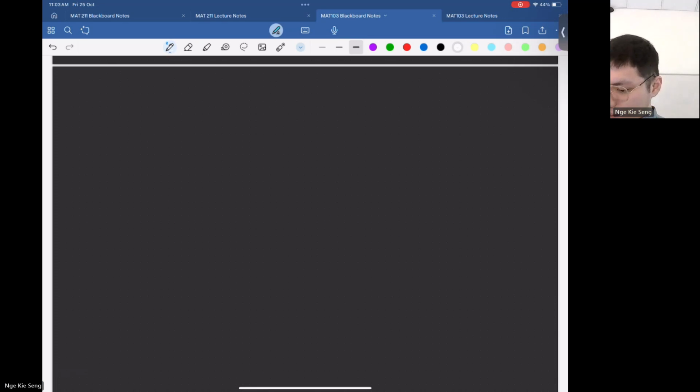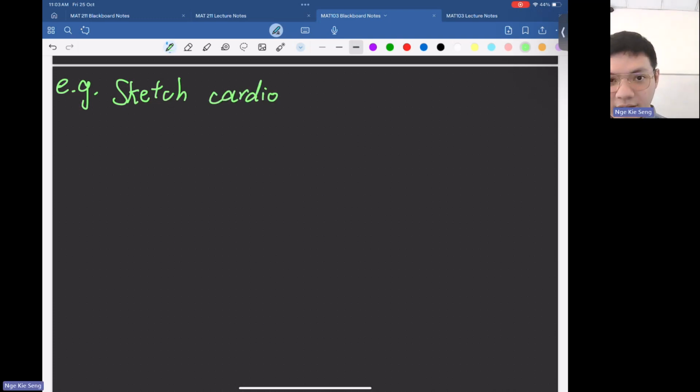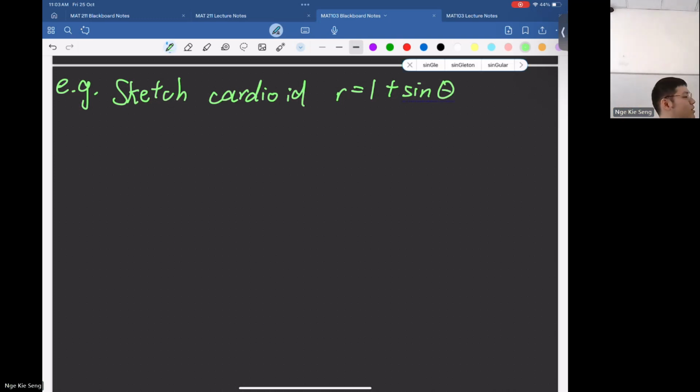For example, let's sketch the following snail, or actually a cardioid. You like hearts, right? We draw a heart today. r = 1 + sin t. Let's draw this. So how should we draw this?